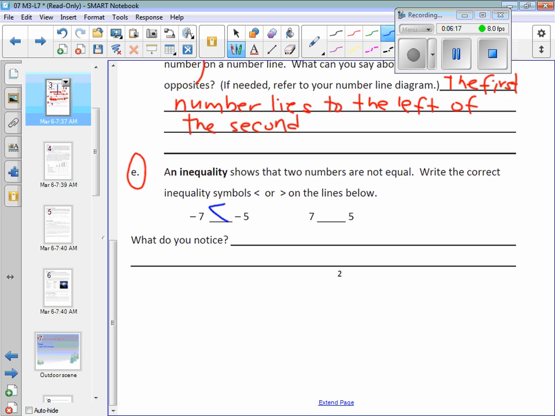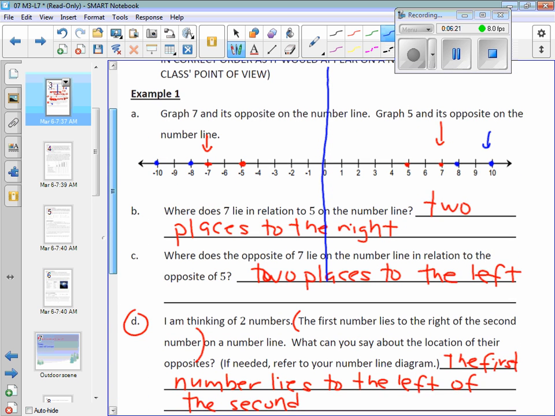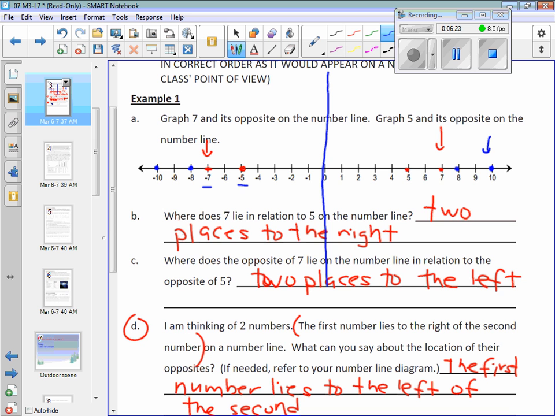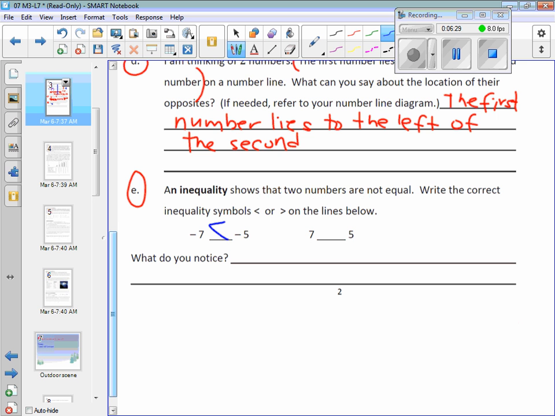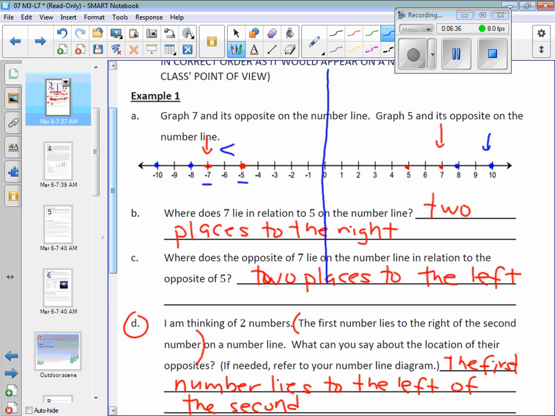negative 5 is greater than negative 7 because that's further left. Here's your negative 5, here's your 7, so that's greater. Now look what happens. Remember I told you the opposite side of the number line is like a mirror image. So now I deal with the opposites, 7 and 5 on the positive side.